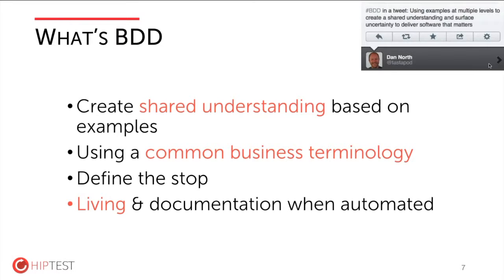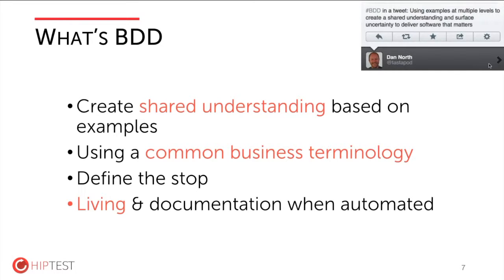And then when you automate the test, so when you basically implement all the action words that you use to design your scenarios, you will have a living documentation. So the scenarios, the examples that you have defined previously to start the implementation will represent not only the specification, but also the acceptance tests that are automated.